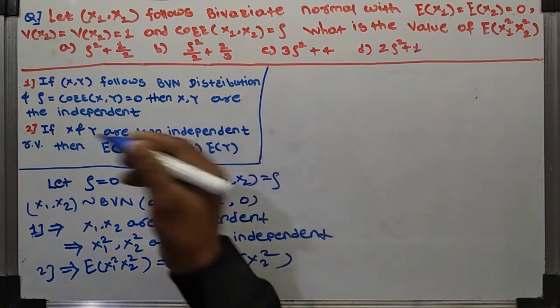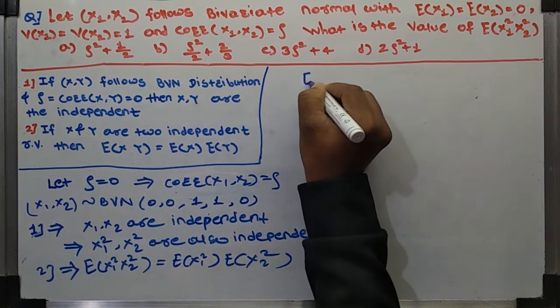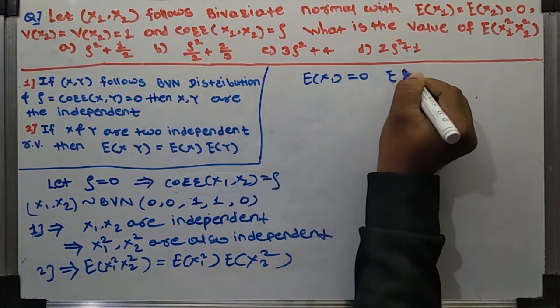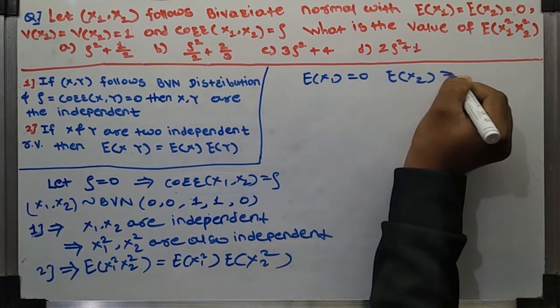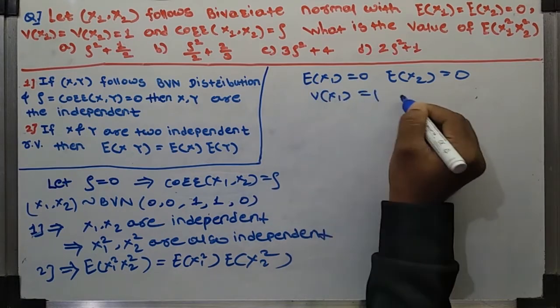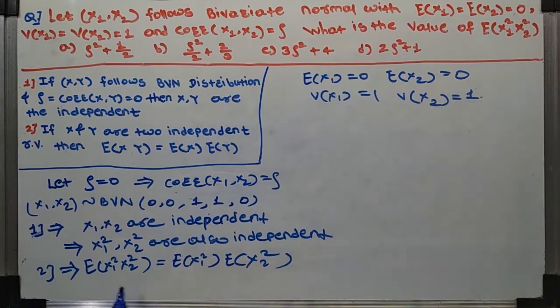So we know that X, Y follows a bivariate normal with expectation of X1 equal to 0, expectation of X2 equal to 0, variance of X1 equal to 1 and variance of X2 equal to 1. We need expectation of X1 square and expectation of X2 square.